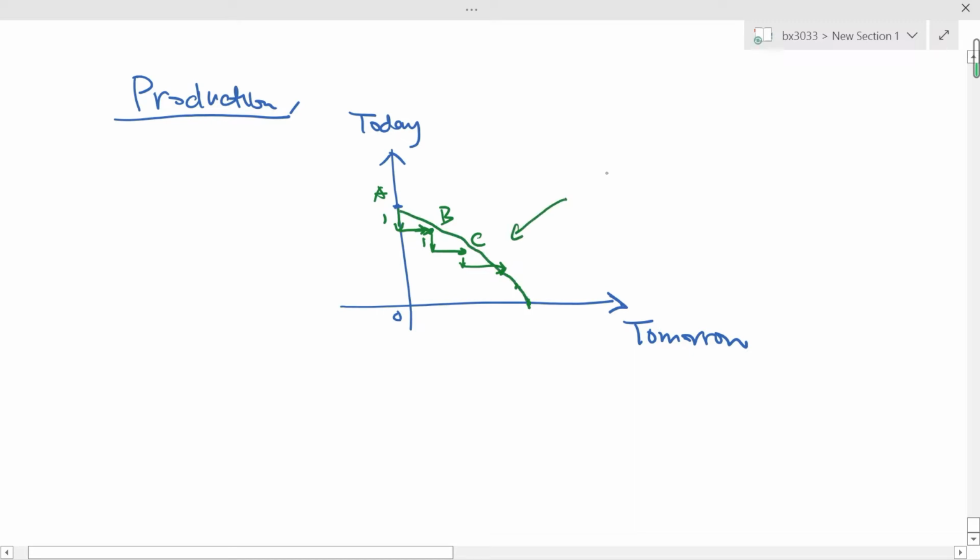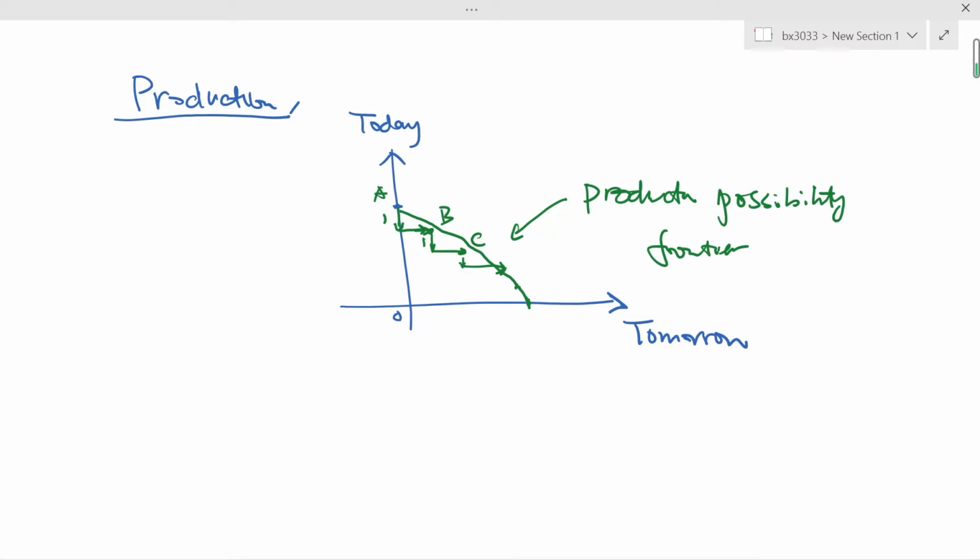We call this production possibility frontier. One important piece of information embodied in this PPF, production possibility frontier, is its slope.